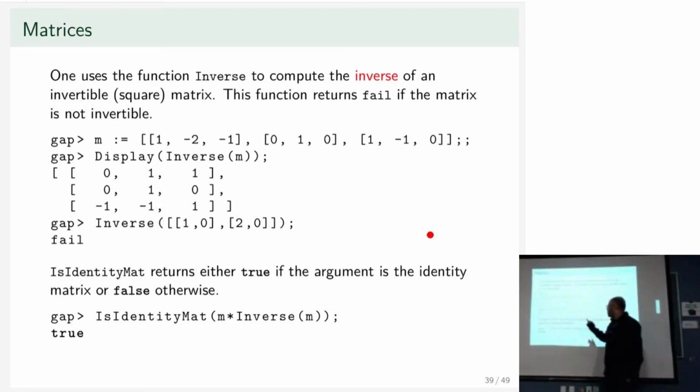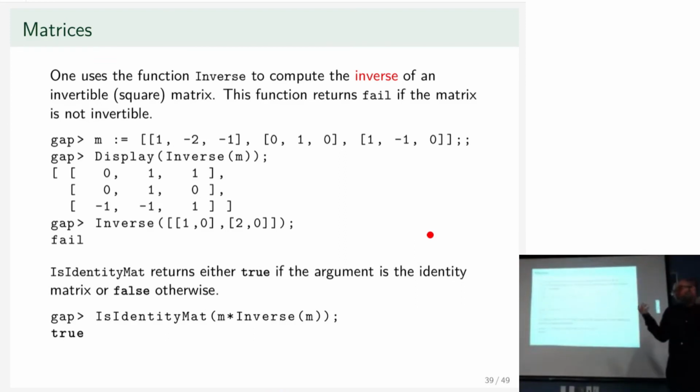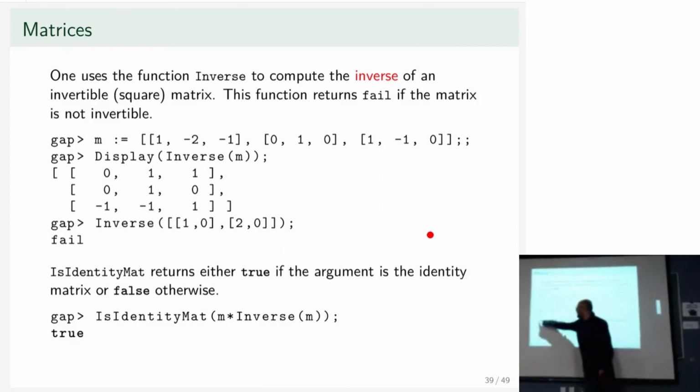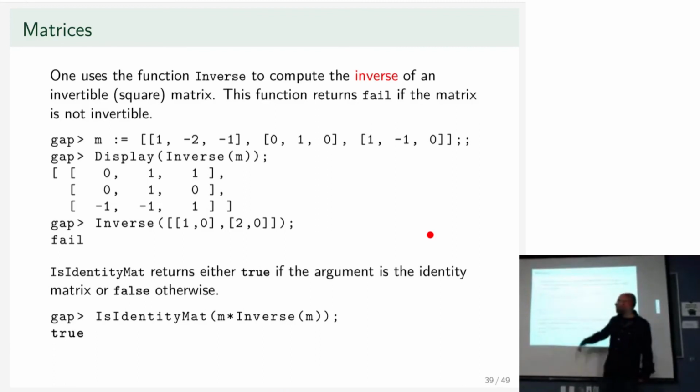If you want to check, for example, if a matrix is the identity or not, because this could be kind of hard to check, right? You have a function which is identity math. So again, this is like the rule. If you want to check something, well, you start with is, and then try to guess what to put next, and then you look into the help, and well, you will find what you're looking for.